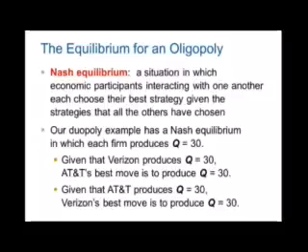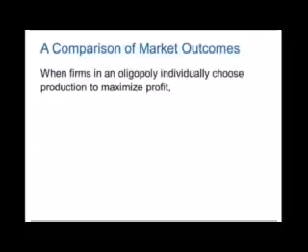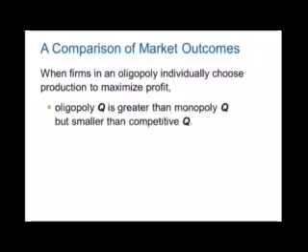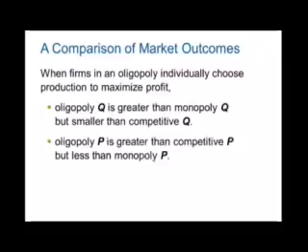However, if firms in an oligopoly don't collude and individually choose production to maximize profit, the oligopoly quantity would be greater than the monopoly quantity but smaller than the competitive quantity. Oligopoly prices would be greater than competitive prices but less than monopoly prices.